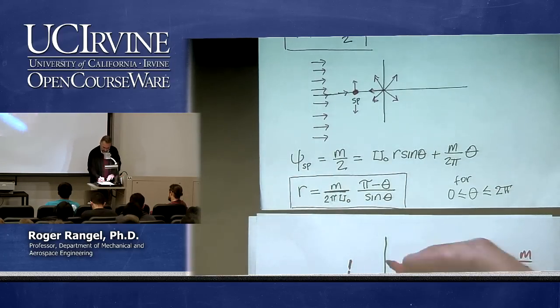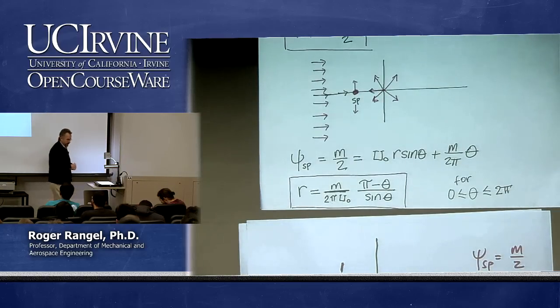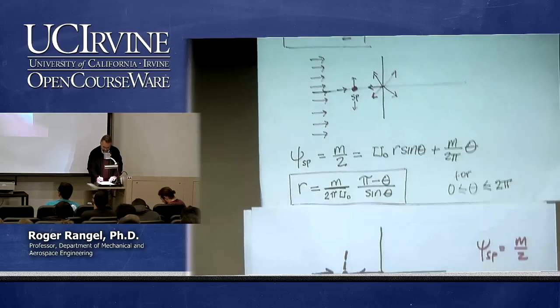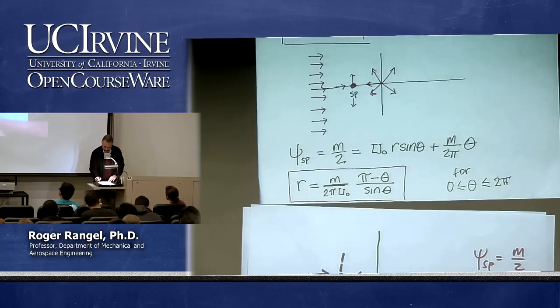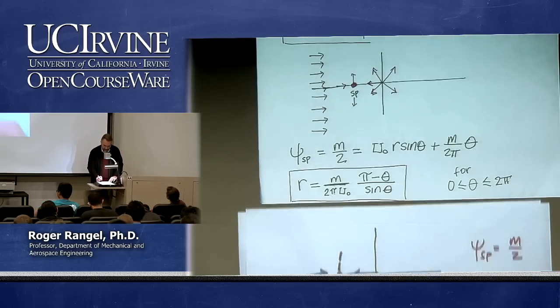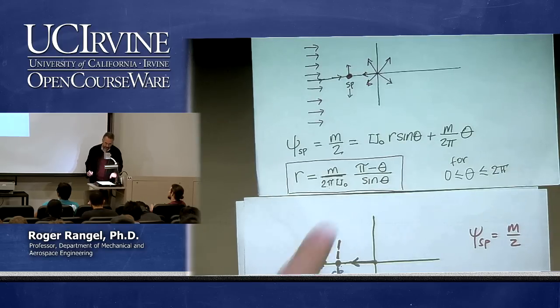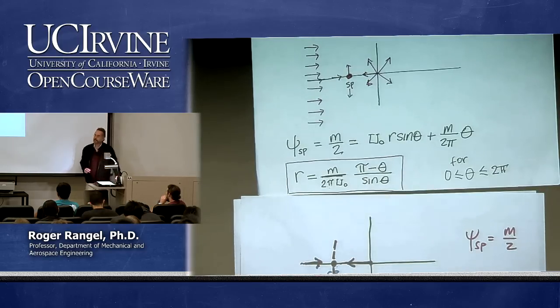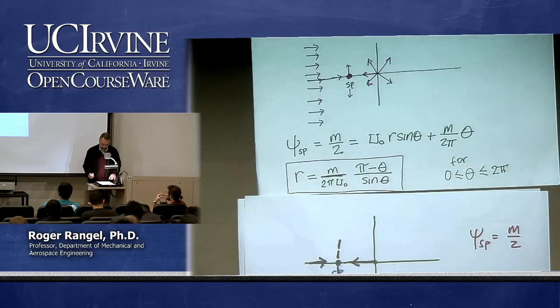Well, what does it look like on the y-axis? What is the value of theta on the y-axis? Pi over 2. Theta equals pi over 2. All right? So let's plug that in and see what happens. We get r equals m over 2 pi u naught, times pi minus pi over 2, which is just pi over 2, and sine of pi over 2 is 1.